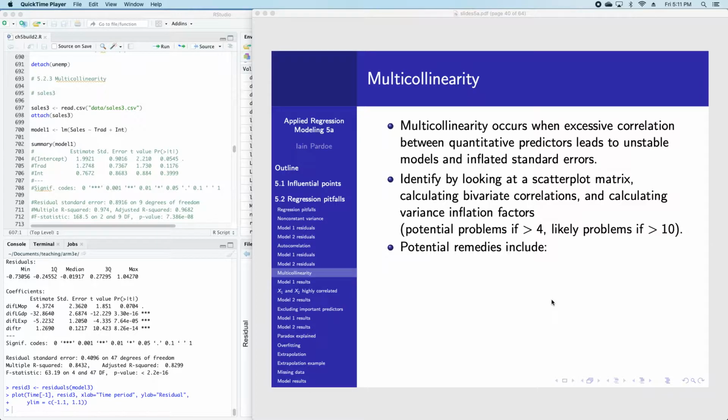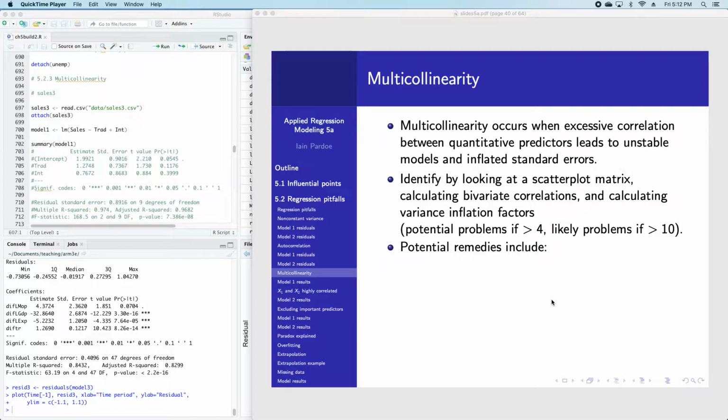The rule of thumb is there's potential multicollinearity problems if any of those variance inflation factors are greater than 4, and if any are greater than 10, we've almost certainly got problems. So that's perhaps the easiest way to identify potential multicollinearity problems.